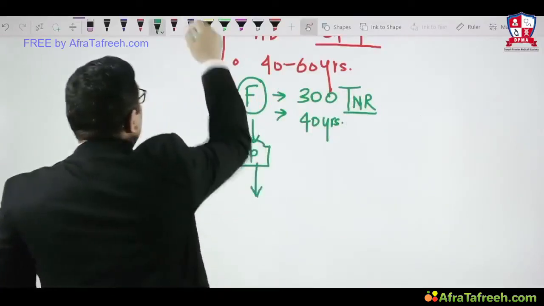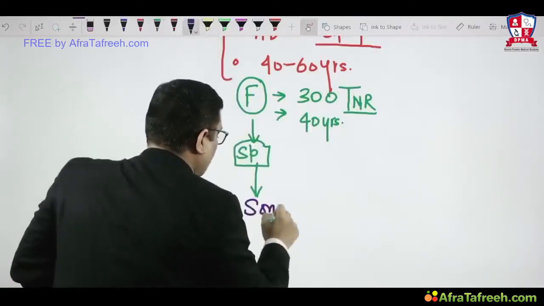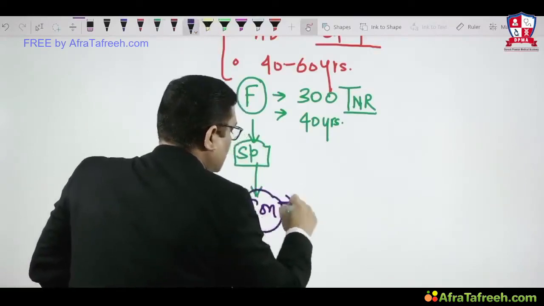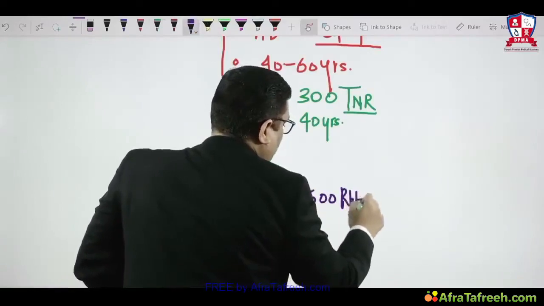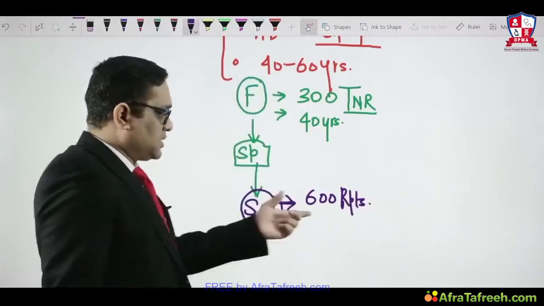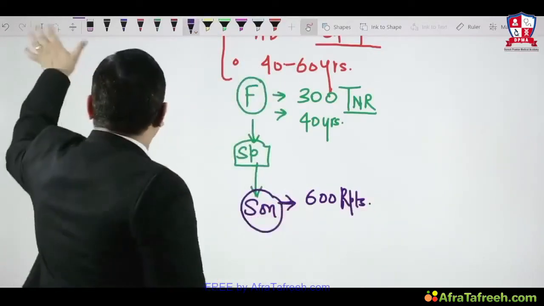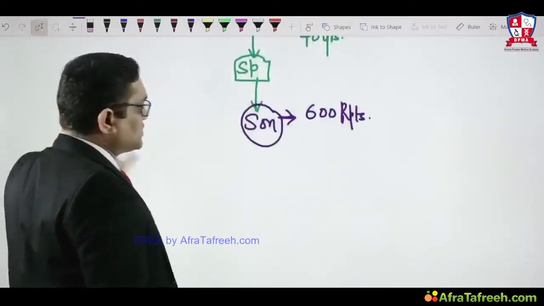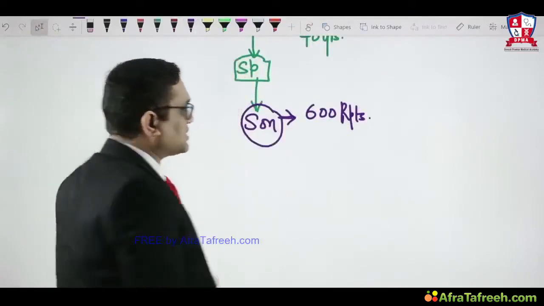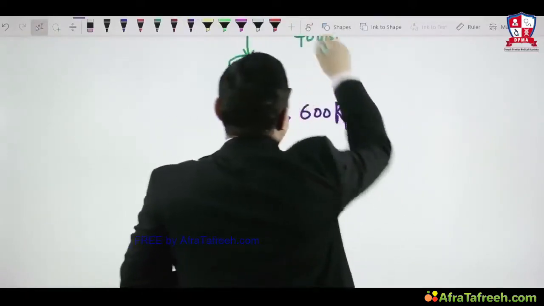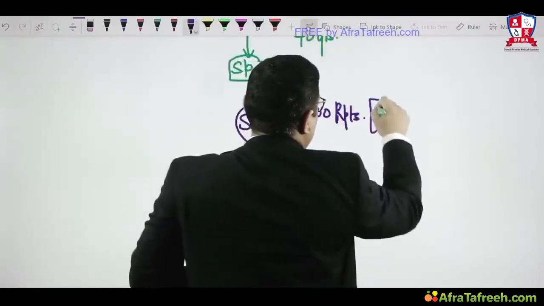As a result, his son now has, say, 600 repeats. So what will happen to the severity of the disorder? If the father has 300 repeats and the son has 600 repeats, as we all know, the severity of the disorder will be increased.